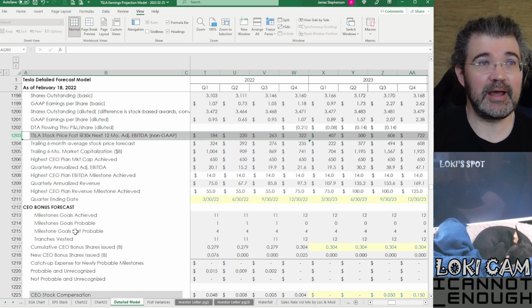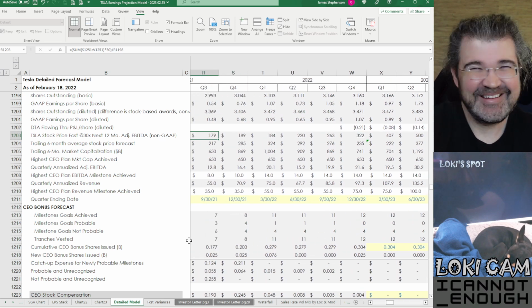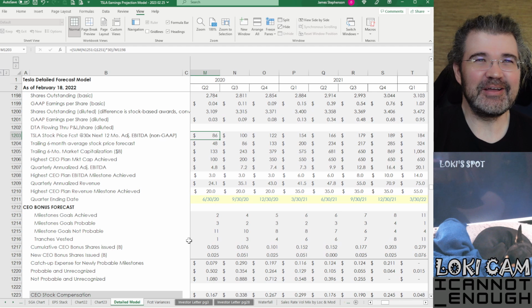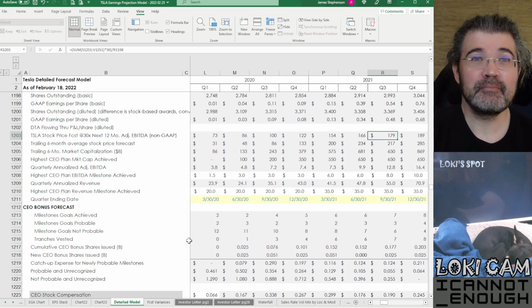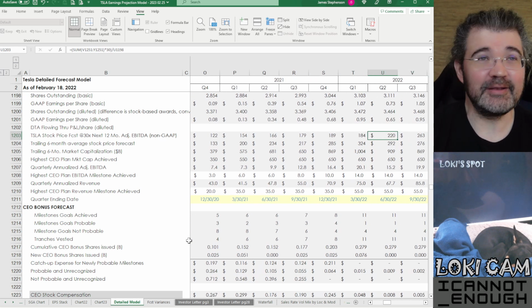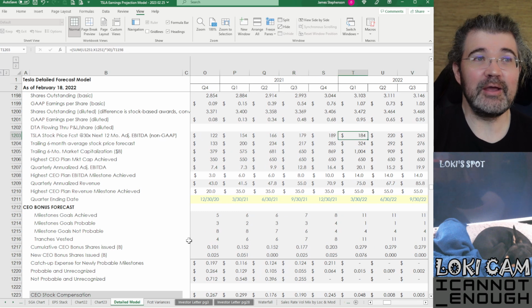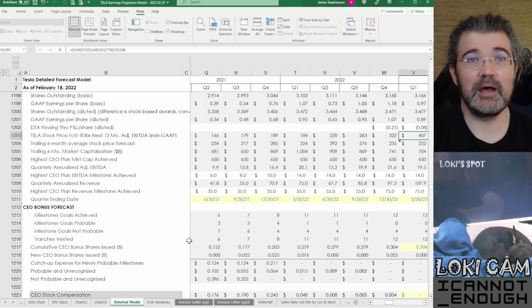How did I pick a multiple of 30x next 12 months adjusted EBITDA non-GAAP? Well, it was doing pretty well in prior years. If you go back and look at where Tesla's stock price was in 2020 and 2021, during the bull market, it paired up okay with a 30x multiple on the next 12 months adjusted EBITDA.